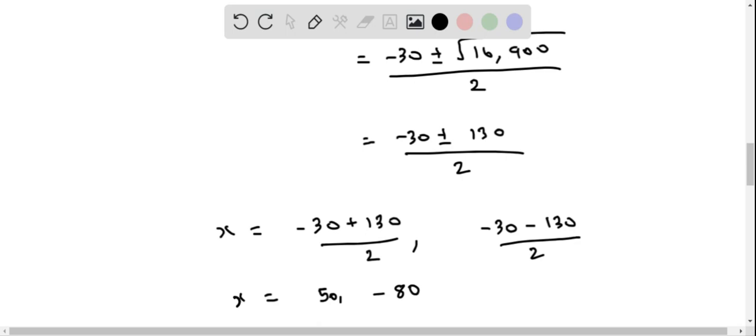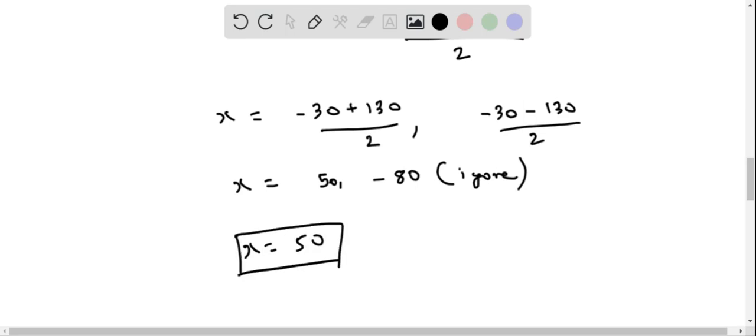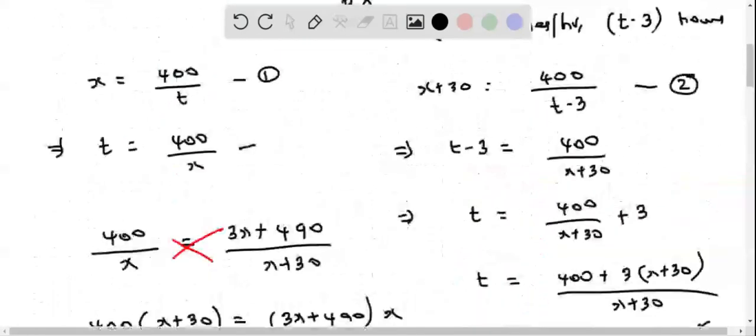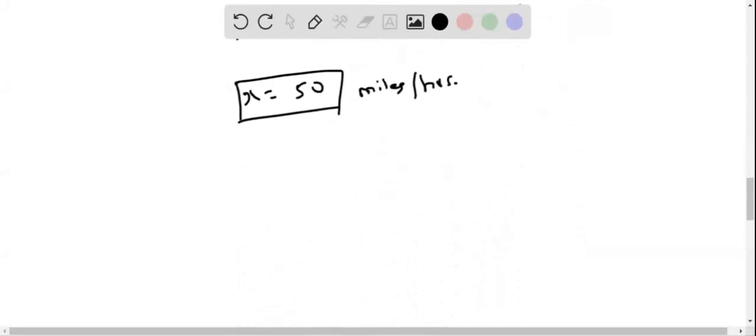So we get two values of x. Since x is a speed and cannot be negative, we ignore this minus 80. Therefore, we consider x equal to 50 as the speed. So we can put this in units, that is miles per hour. And since the question asks about the speed of the return journey, we add 30 to this one.